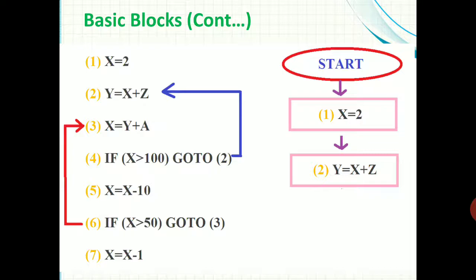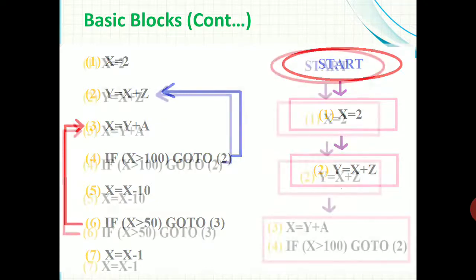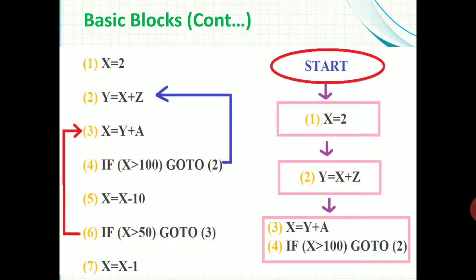From the definition, a basic block contains only one entry and one exit. So we can combine only the third and fourth statements into a block. So we get x equal to y plus a, and if x greater than 100, go to, in one group.